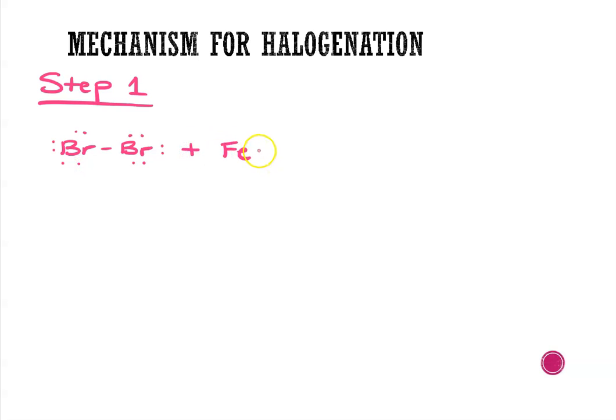So our bromine is going to react with our catalyst here. So the electrons are going to join up with the bromine over here, separating itself from the other one. And these electrons are going to reach out to this iron, which has a positive charge because this is an ionic compound.